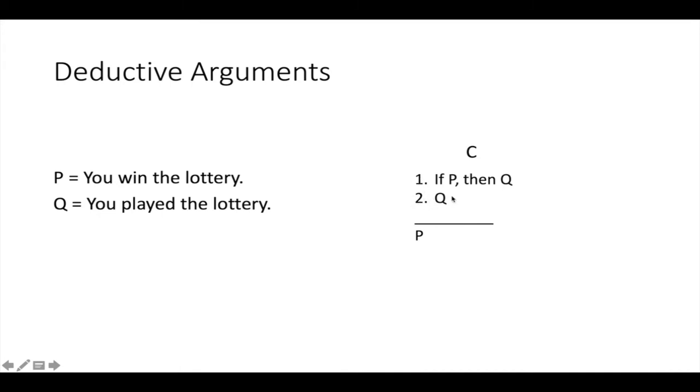Premise 2 would be you played the lottery. Well, does it follow that you win the lottery? Unfortunately, not. Almost every single person who plays the lottery doesn't win the lottery. Hopefully this example can help you see why C, this argument structure, if P then Q, Q therefore P, is invalid.